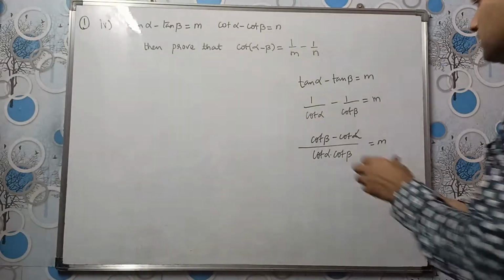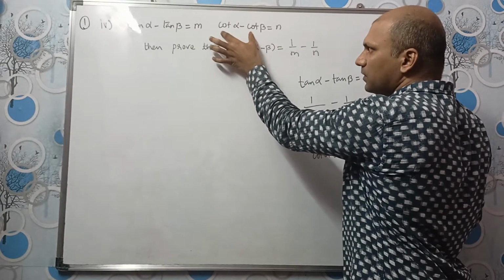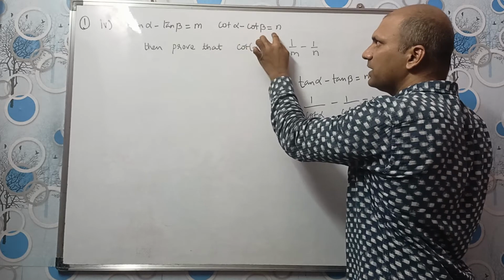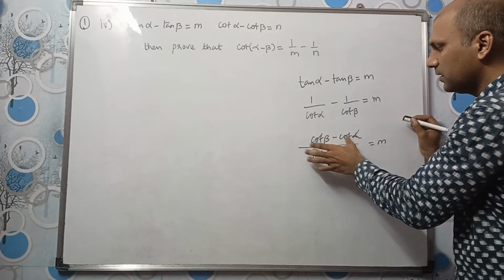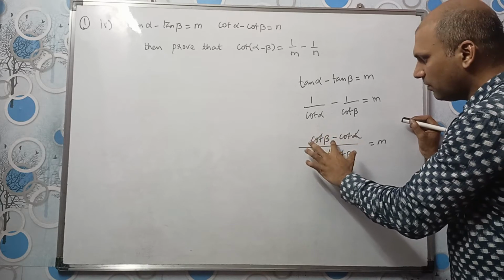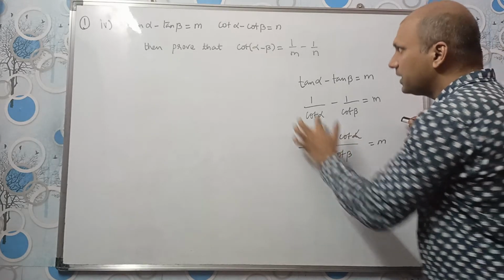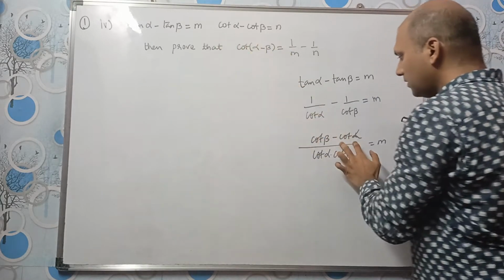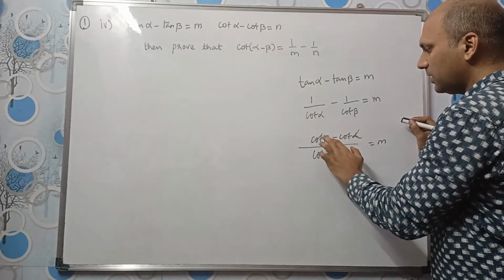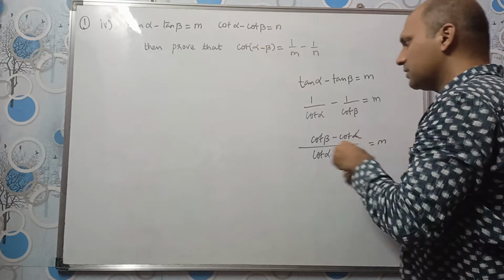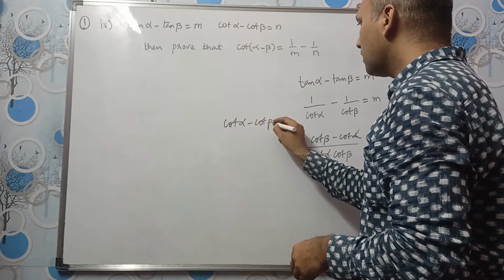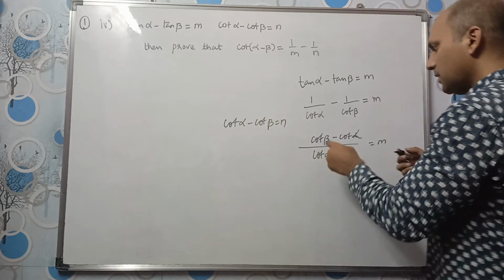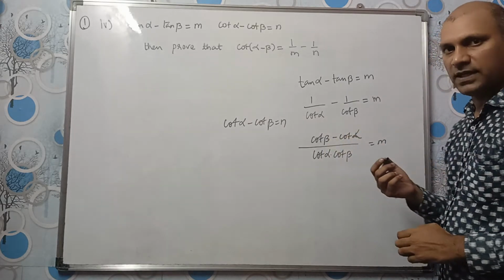Okay, now see, if you observe carefully, cot alpha minus cot beta is equal to n is given. We have cot beta minus cot alpha. Okay, the signs are the same, values are the same, cot beta, cot alpha, terms are the same, but the order differs, right? See what is given to us? It is given that cot alpha minus cot beta is equal to n. Here cot beta minus cot alpha we have.